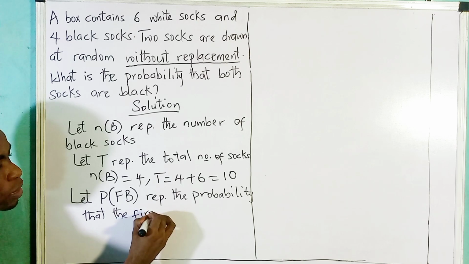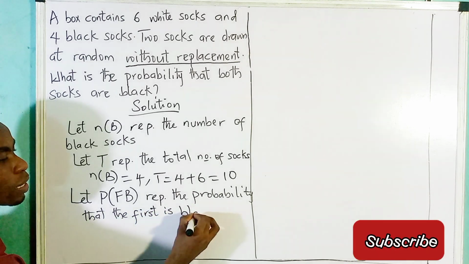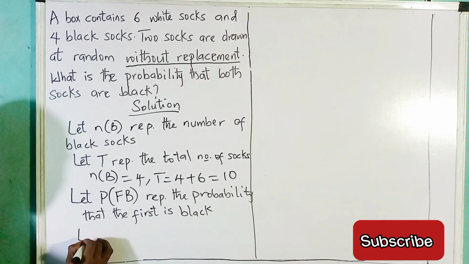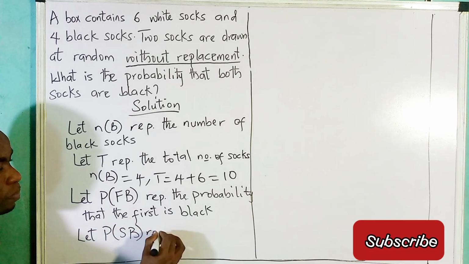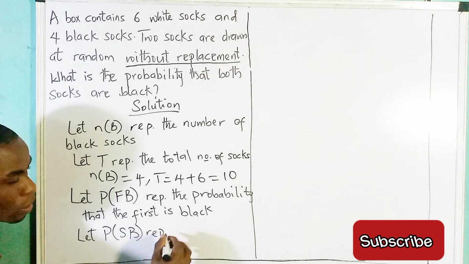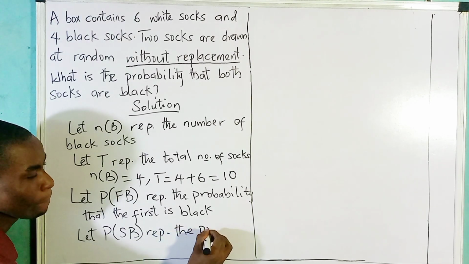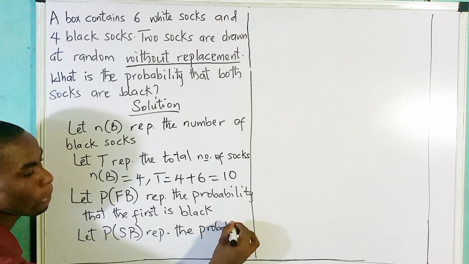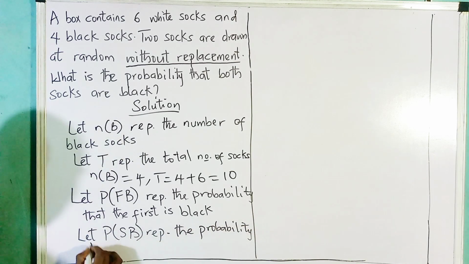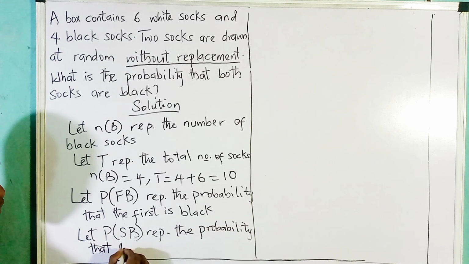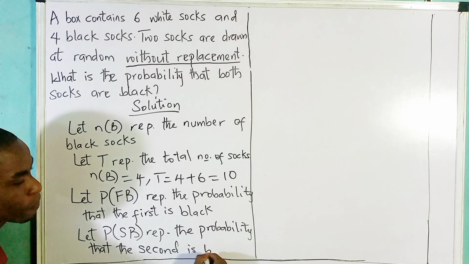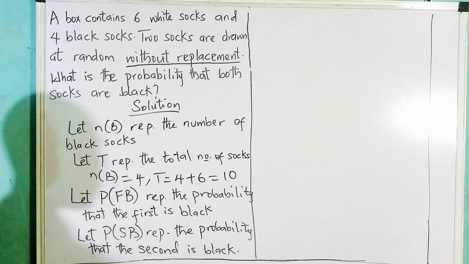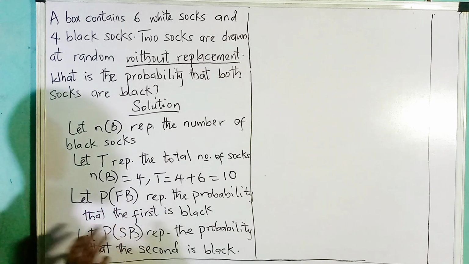And then we can also say let PSB, probability second black, represent the probability that the second sock is black. I'm just forming these steps now, please.